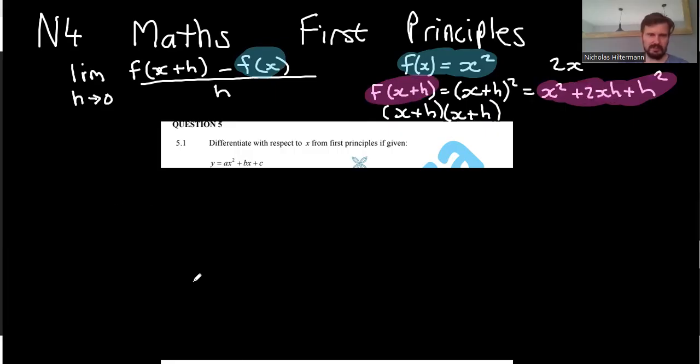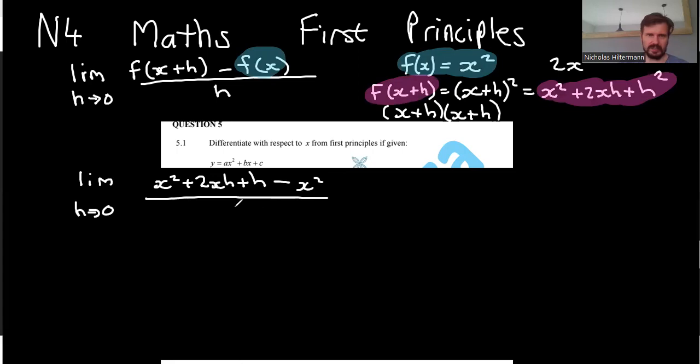So I write every time limit as h tends to 0, f of x plus h. Now I can write x squared plus 2xh plus h squared minus my f of x, which is x squared, all over h. And what I notice is these two x squareds cancel.